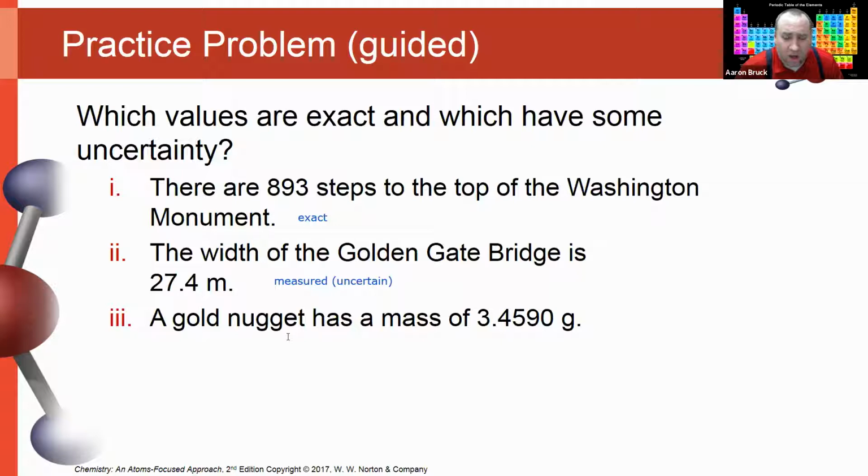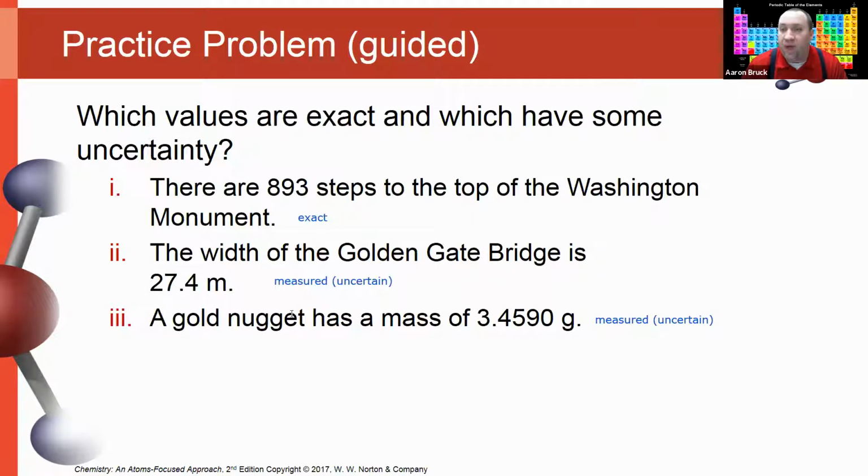The third one, a gold nugget has a mass of 3.4590 grams. Now, this level of precision, 4 decimal places, that sounds really, really great. Understand, this is still a measured value. Our level of certainty in terms of the mass of that gold nugget is far more certain than our measurement of how wide the Golden Gate Bridge is.